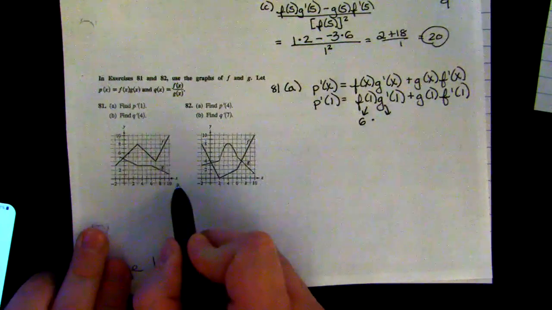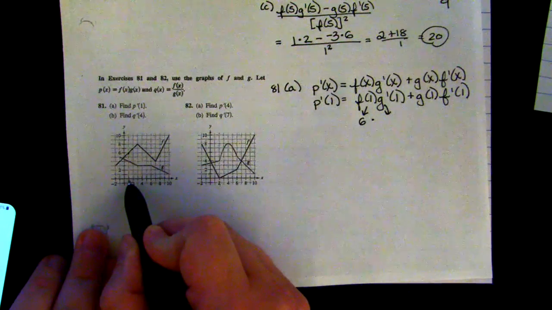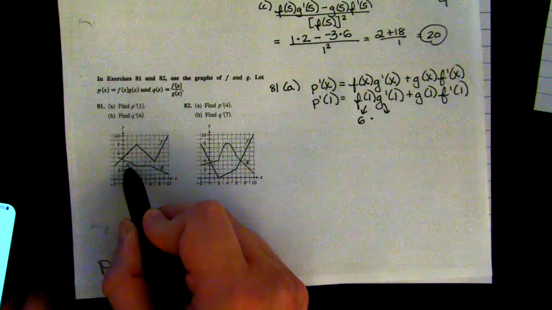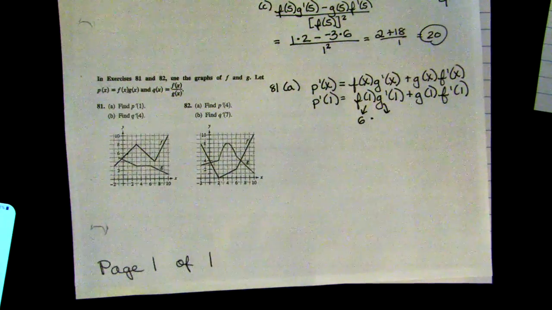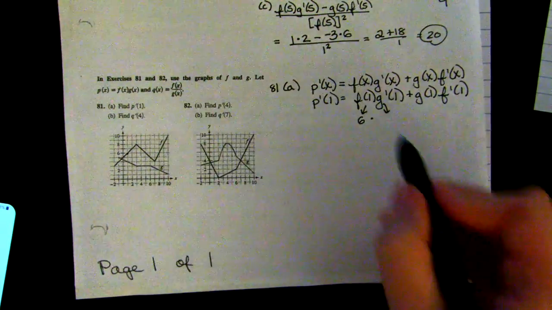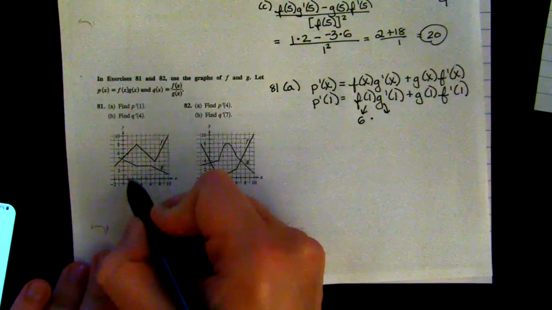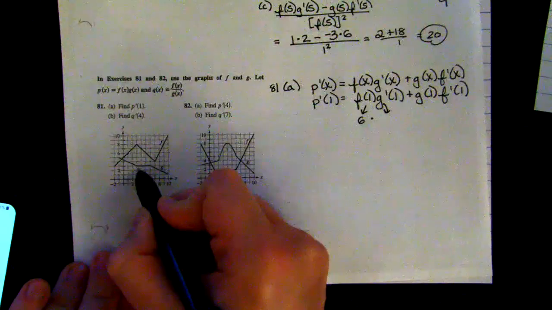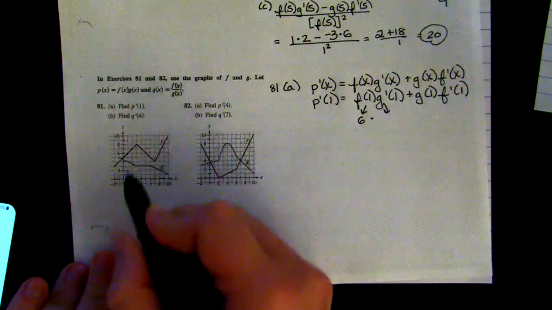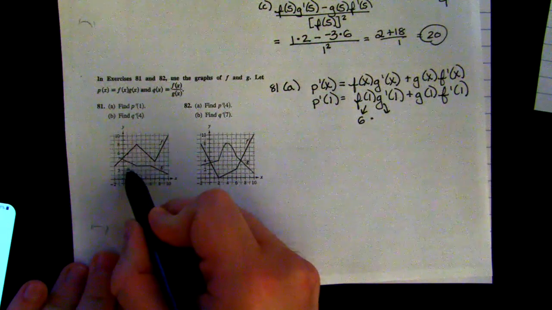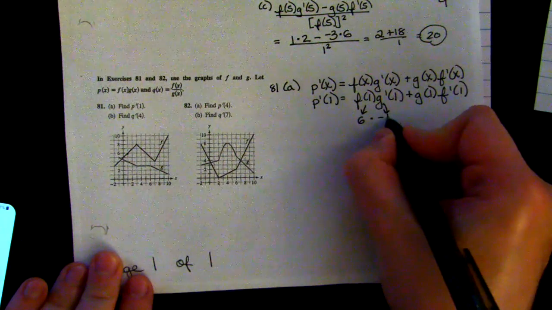Okay, so think about this for a moment. I have the g function. How would I figure out g prime, the derivative of g, when x equals 1? Any thoughts? Remember that the derivative is the slope. I can find the slope of this segment when x equals 1. I think the slope over there is looking like, let's see, down 1 over 2, I'm thinking negative 1/2.